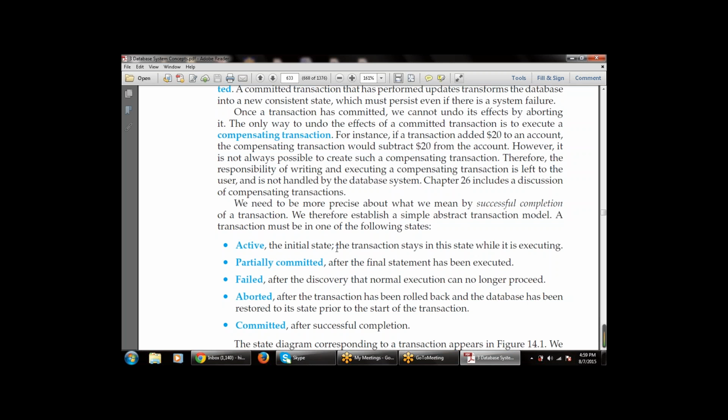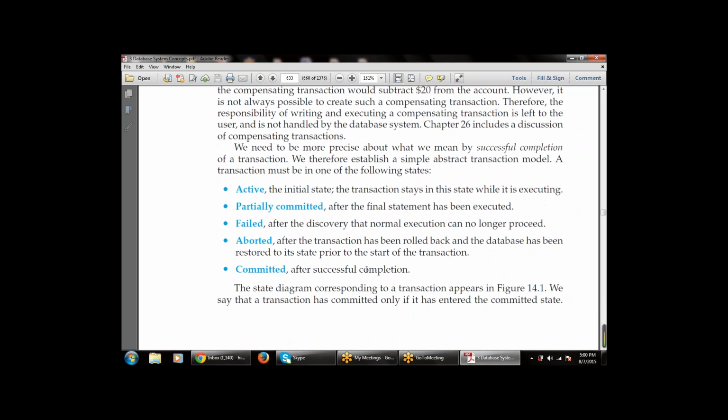Then failed, which means there is some error in the database or the system and the transaction cannot proceed. Then aborted, where the transaction is rolled back and restored to the state prior to the start of the transaction. And committed, after successful completion. Whenever the transaction is successfully executed, that is the committed state.